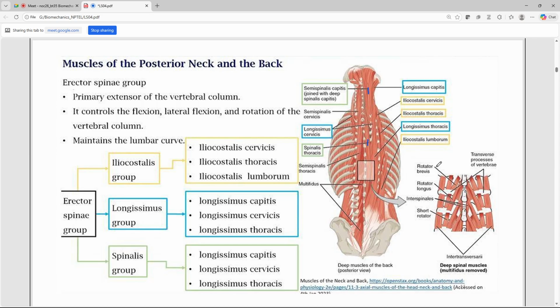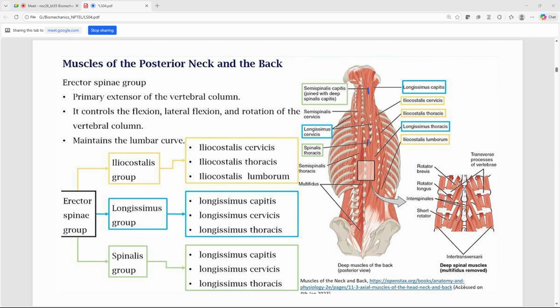The second option is just the reverse of this, that is the spinalis group is lateral and iliocostalis group is medially located. So the second option is wrong. And next, the third option is the longissimus group is more medially located when compared to the spinalis group. So that's also not true.